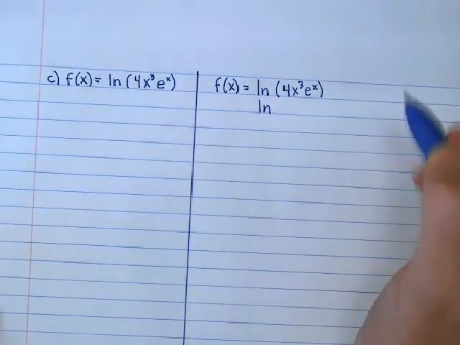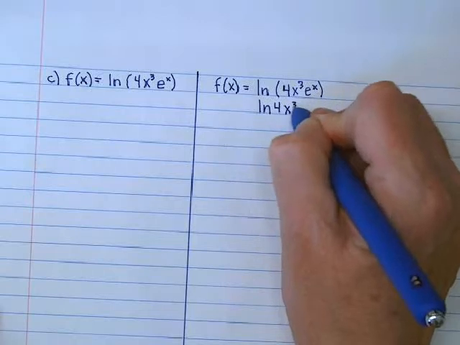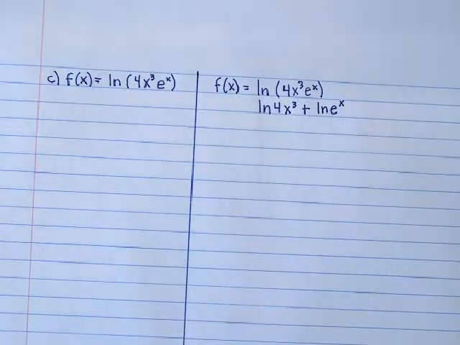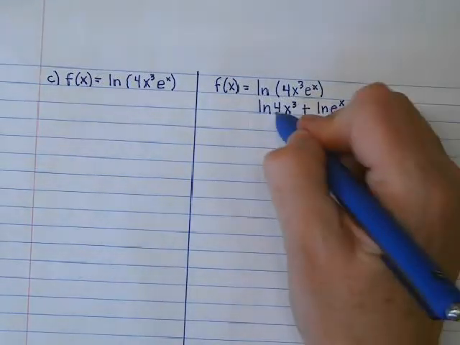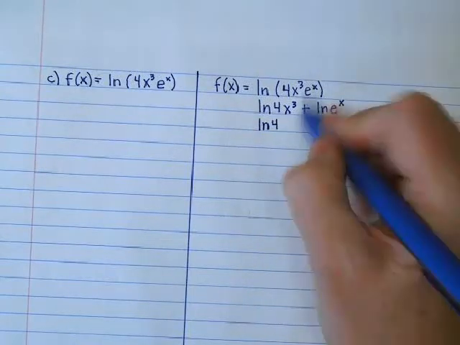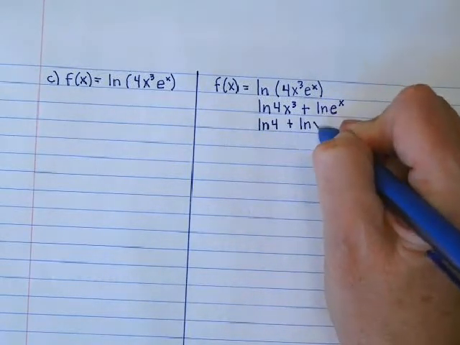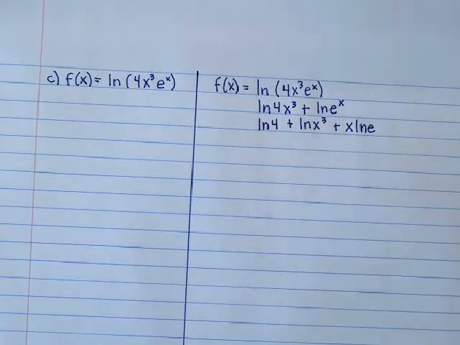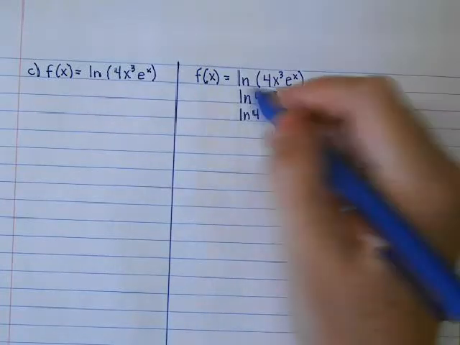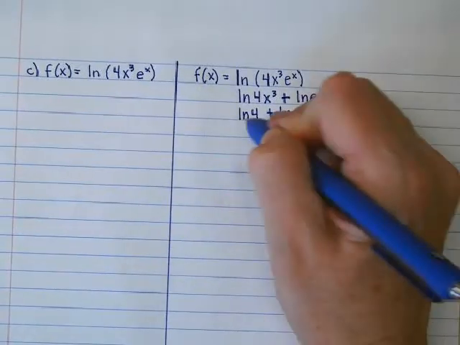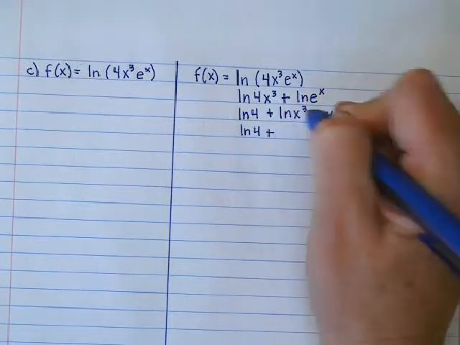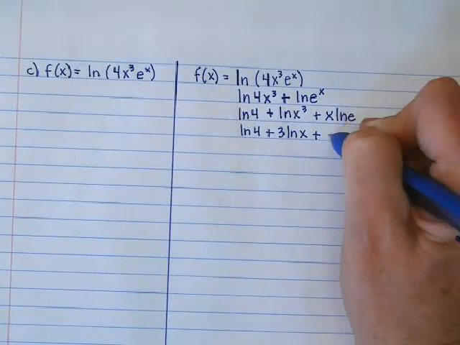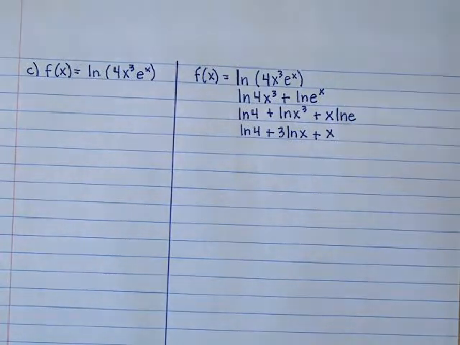So I'm going to start by saying, well, this is the natural log of 4x cubed plus the natural log of e to the x. Well, this I can split apart. This is the natural log of 4 plus the natural log of x cubed. I'm going to move the x to the front. Okay, this is again natural log of 4. I'm going to move the 3 to the front. And I know the natural log of e is 1. So that just gives me that.